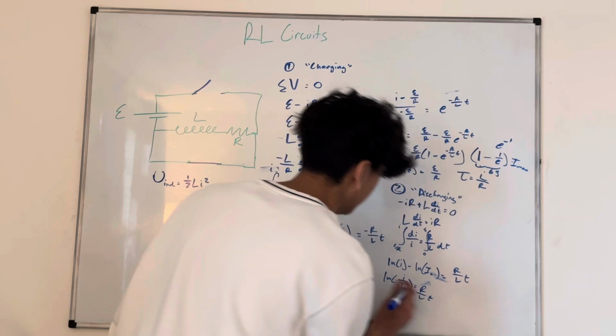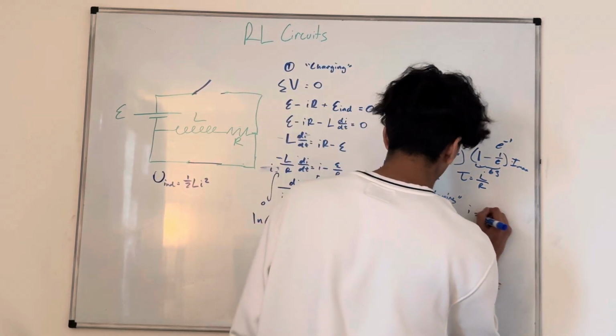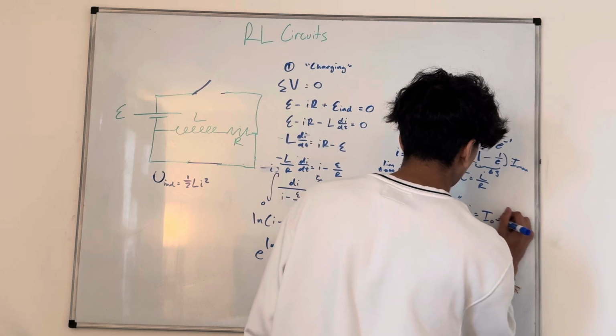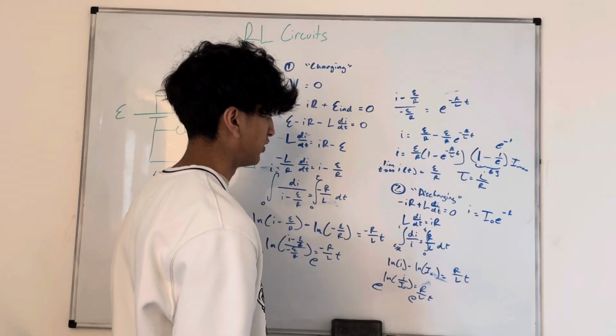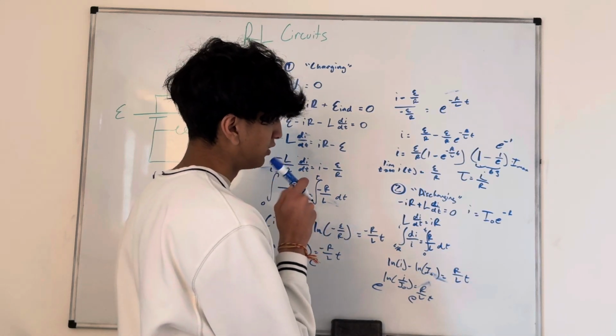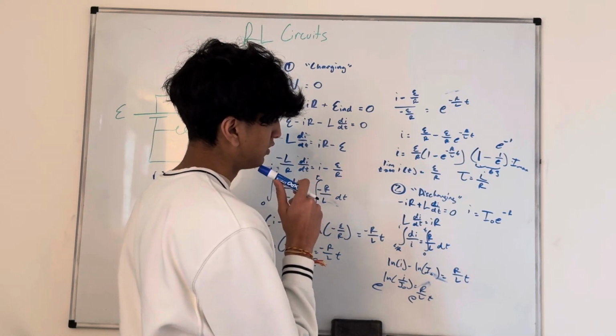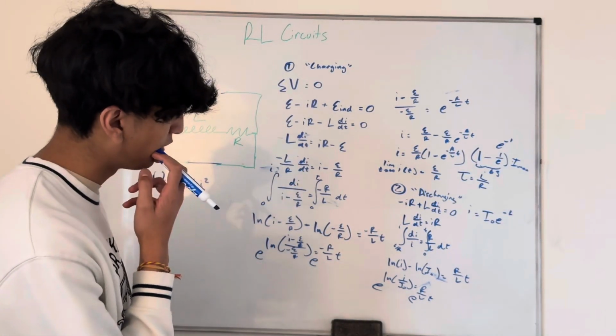Then you're going to take e to both sides, and you end up with I equals I initial e to the negative. Oh, I messed up somewhere. Something's supposed to be negative. Where did I mess up?